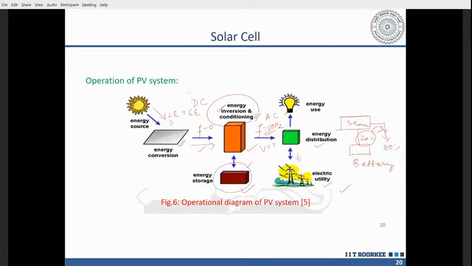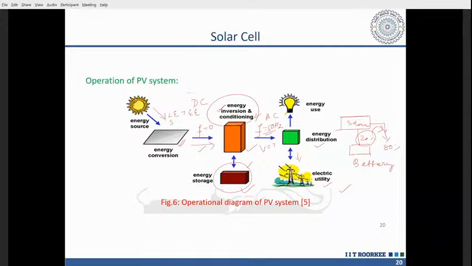Now this is the operation of the PV system, how it operates. You have the solar energy system, and the energy conversion which occurs here converts the light energy to electrical energy. This electrical energy is DC in nature with a frequency of 0. There is no frequency in case of DC, as all of you know.